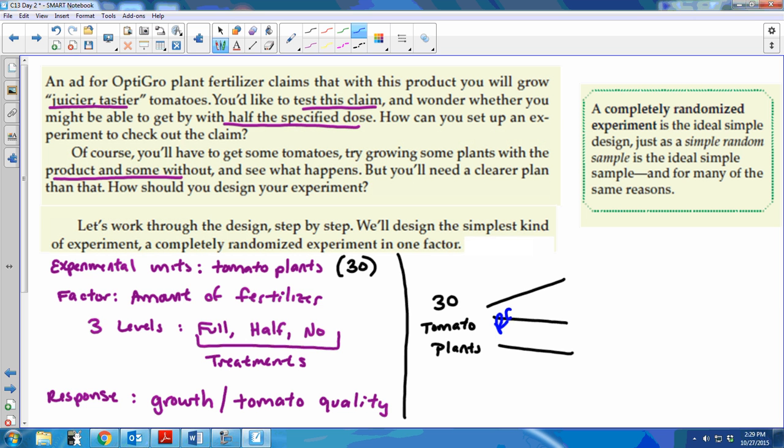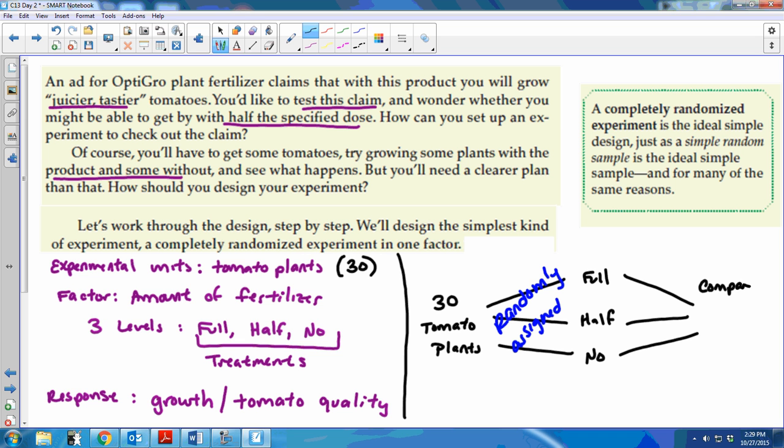They are randomly assigned into my 3 treatment groups: full fertilizer, half fertilizer, and no fertilizer. And in the end, we're going to compare growth, which seems logical, but really in this case, we're looking to compare tomato quality.